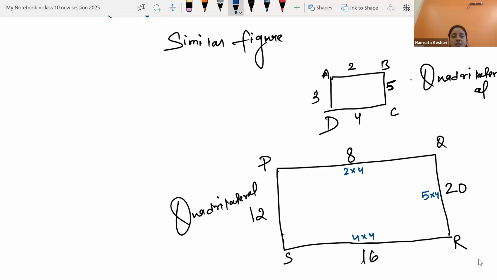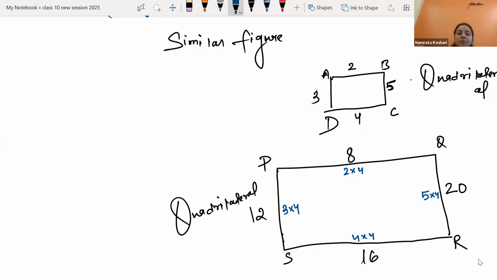And here AD is 3 centimeter, so here PS is 3 into 4, that is 12 centimeter. That means we are not randomly increasing. One of the figures we are having now with the help of notepad, I'm just stretching the figure, but I'm not stretching it randomly. I will be expanding it or compressing it in a certain ratio, and I will maintain all the ratios the same.